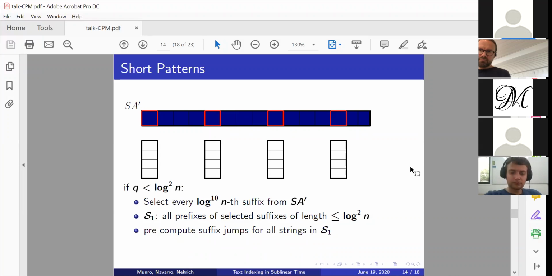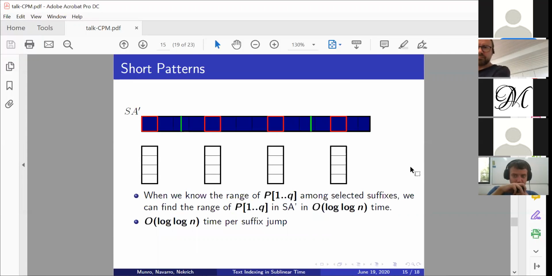So we'll have about n divided by delta divided by log to the power of 10 n, multiplied by log to the power of 4 n. So we have some small number of strings. And then we pre-compute the suffix jumps for all strings in this set. This can be done because the number of the strings is relatively small.